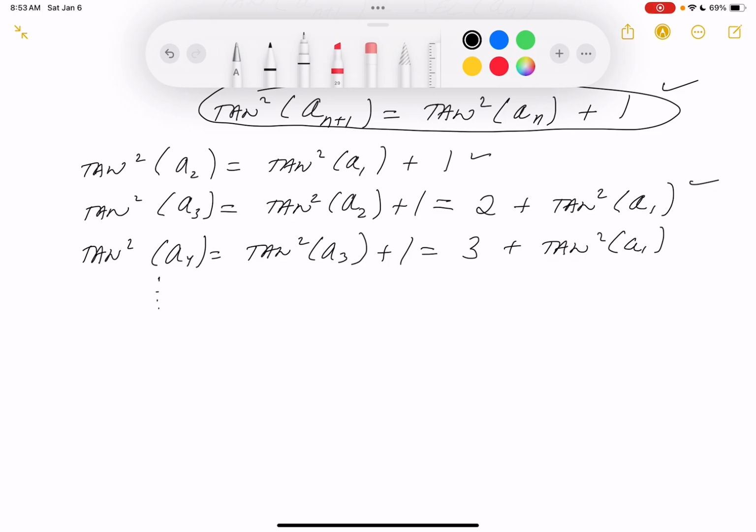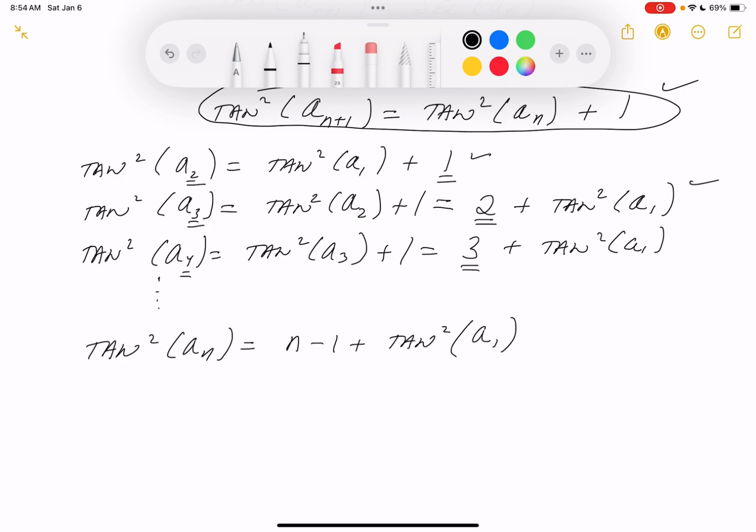Let me write this down for you. The tangent squared of A_N, looking at this pattern, is going to be N minus 1 plus tangent squared A1.